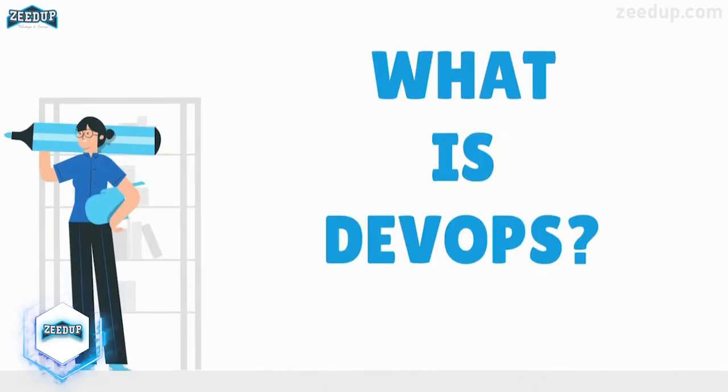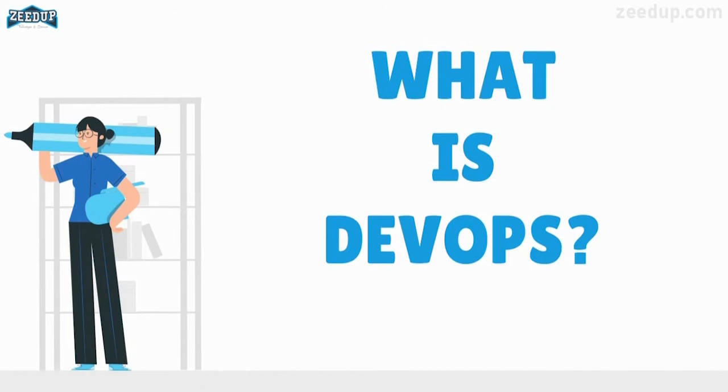What is DevOps? Over the years, DevOps has become quite the buzzword. It is actually challenging to describe it, but if we take a rough view, then DevOps is a combination of development and operations.